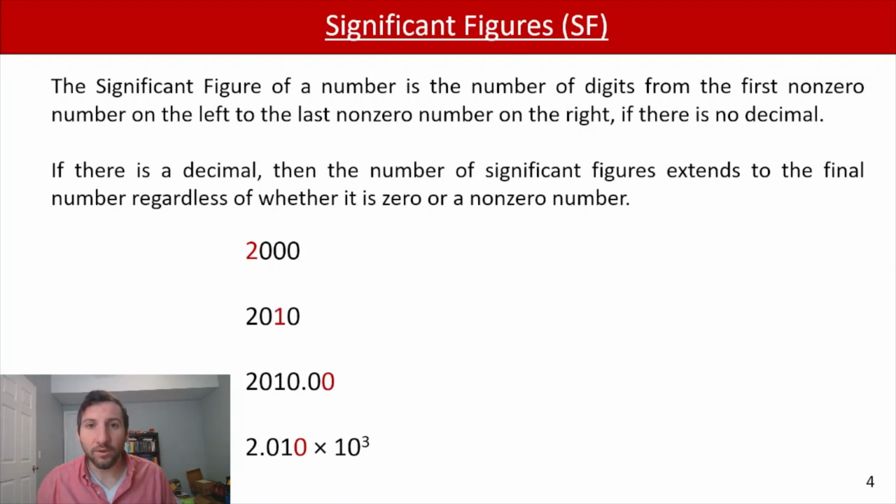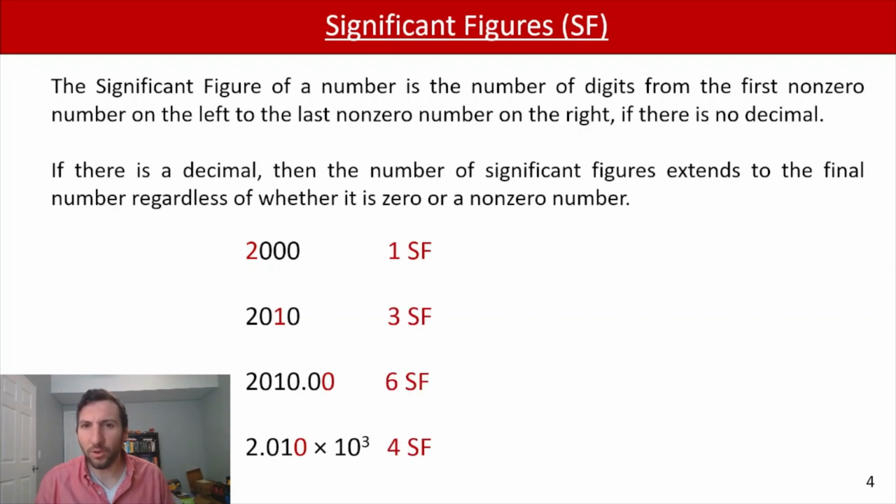And then the final one with 2.010 times 10 to the third, which is really 2010. In this case, because I again have a decimal present, I'm going to include all of my digits in my significant figures. And therefore, I'm going to have 4 significant figures for that final value.